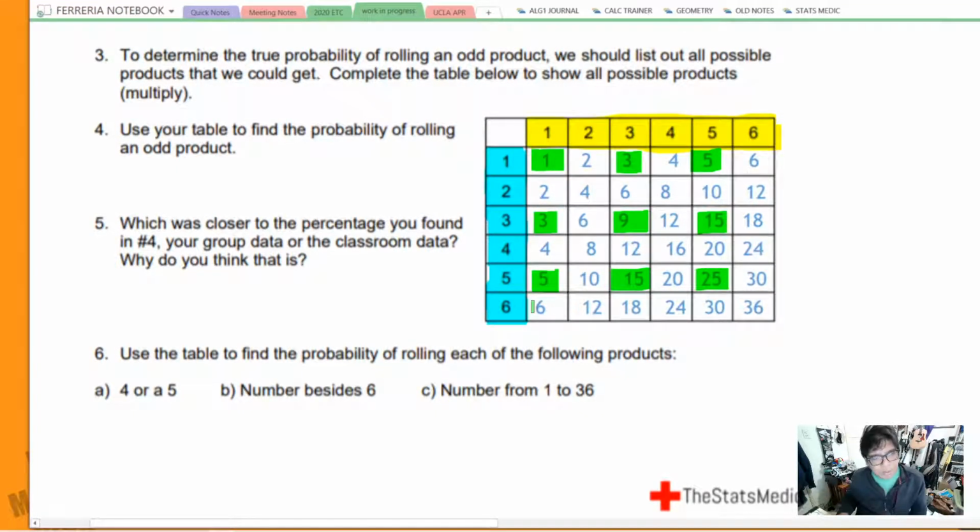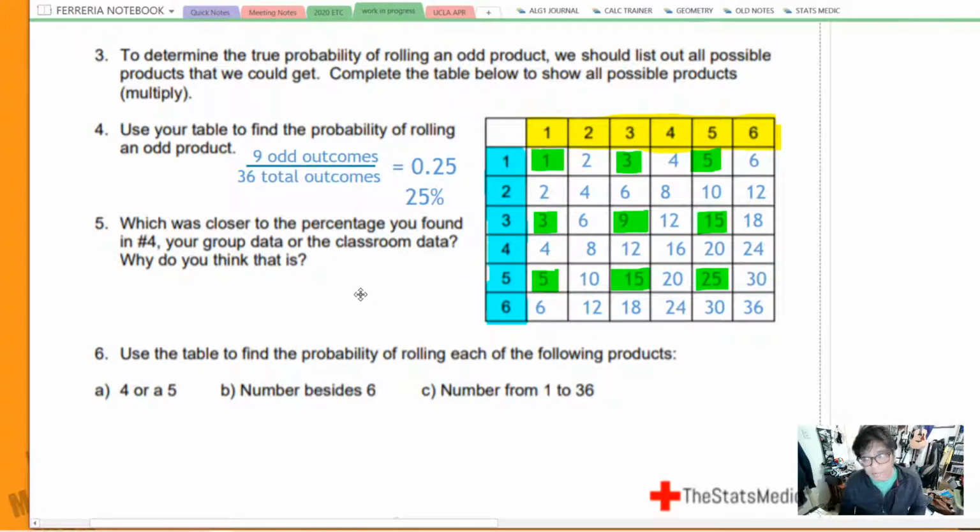That should be it. There are no other odd numbers in our table. So there are 9 outcomes that are odd, out of 36 total outcomes. So 9 out of 36. That's equal to 0.25, which is 25%.